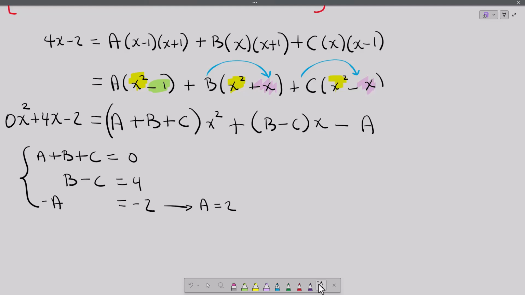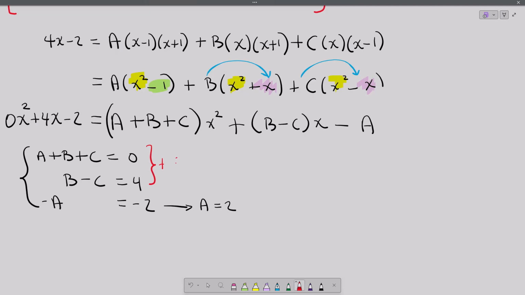So we have a couple choices. We could take that 2 and plug it in up here, and then we're going to have two equations with b and c, right? And then those two equations can be combined with substitution or elimination. If we add these, let's see what we get.